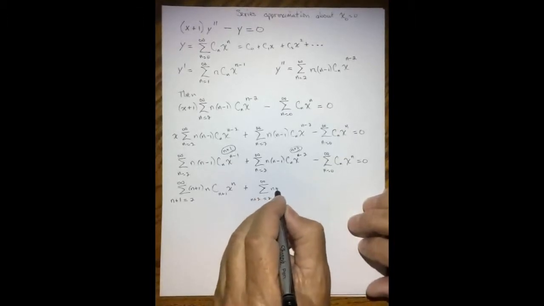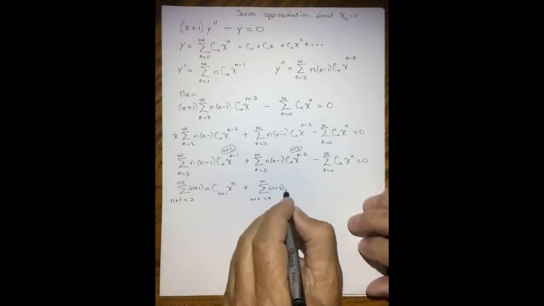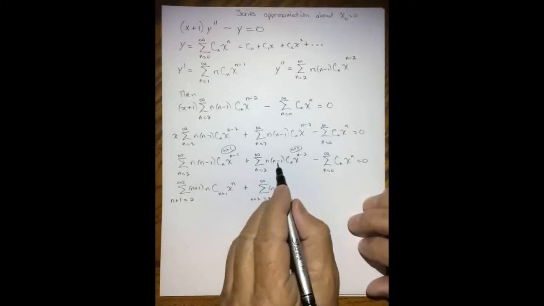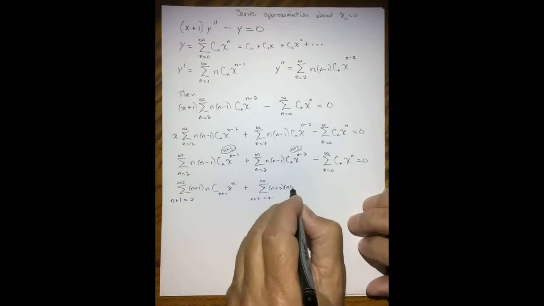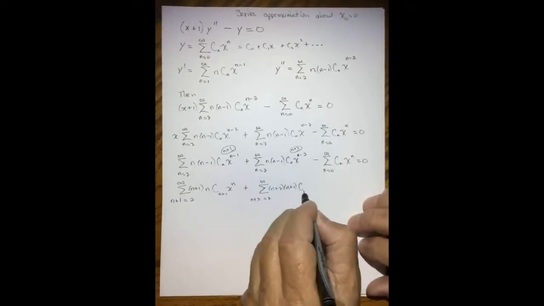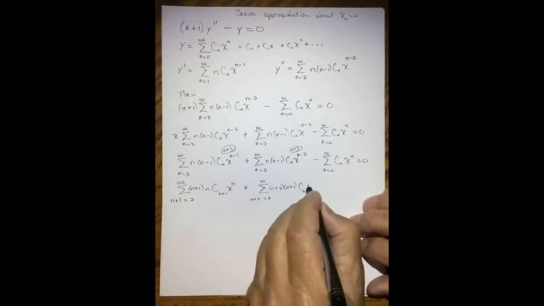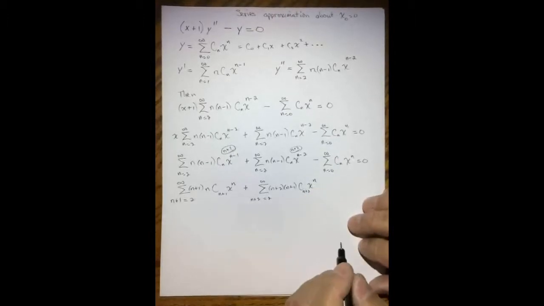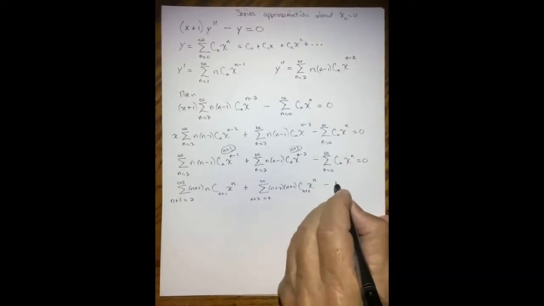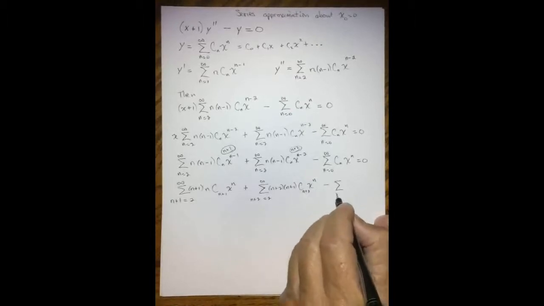Now I'm going to have an n plus 2 times then an n plus 2 minus 1, so that gives me an n plus 1. This becomes c subscript n plus 2 x to the n. And then this one is unchanged.